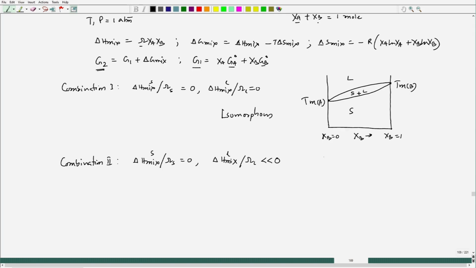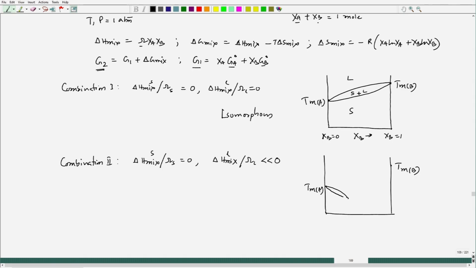At that time we see that the stability of the liquid phase has gone up, and these are the two melting temperatures, and we see the liquid is stable even below the melting points of both the metals. So, we have a point here.